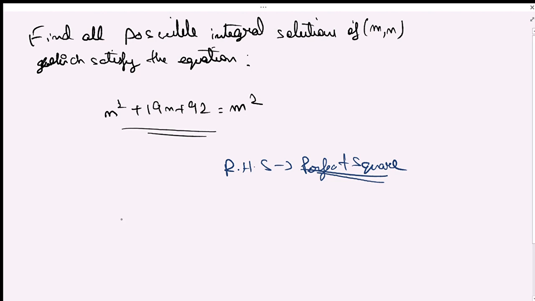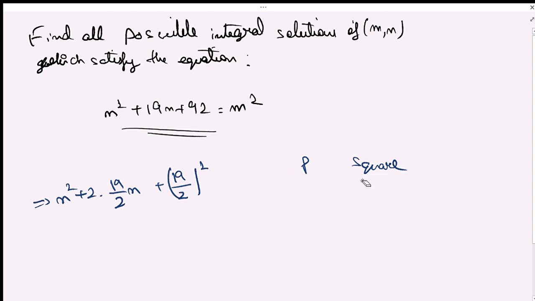So now what we can do is try and bring a perfect square on the LHS, and we can do it like this. We have n square plus 2 times 19 over 2 n plus 19 over 2 whole square, minus 19 over 2 whole square, plus 92, which equals m square.